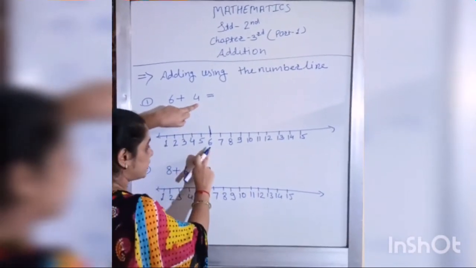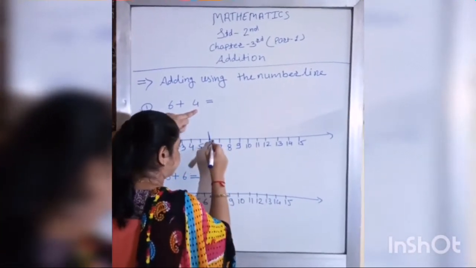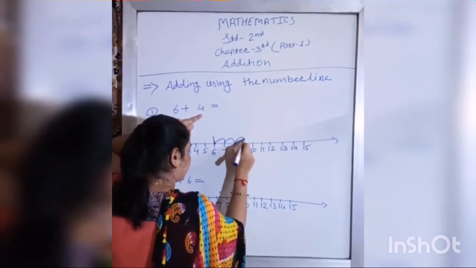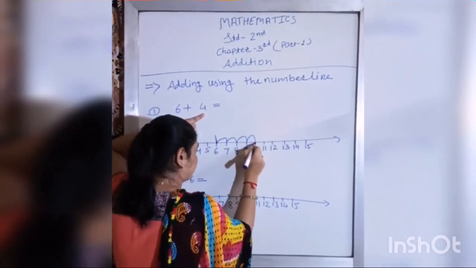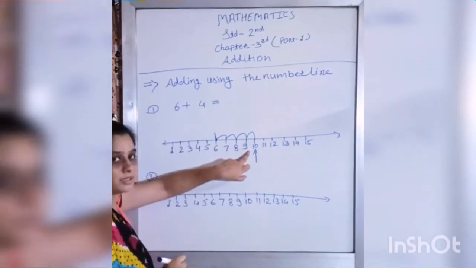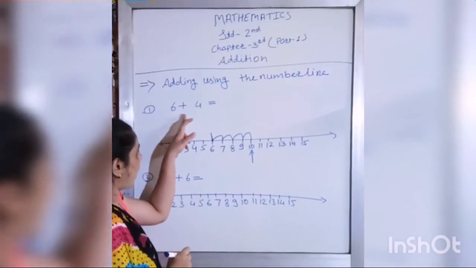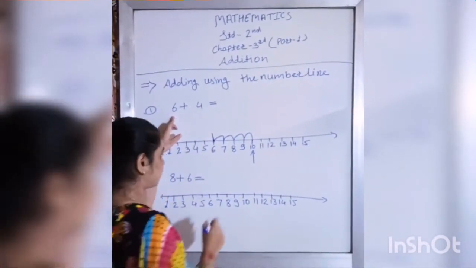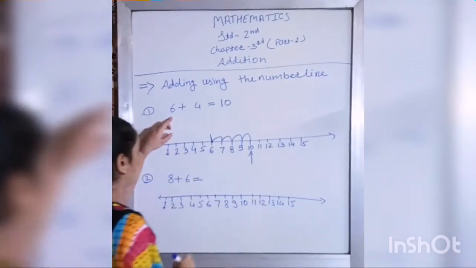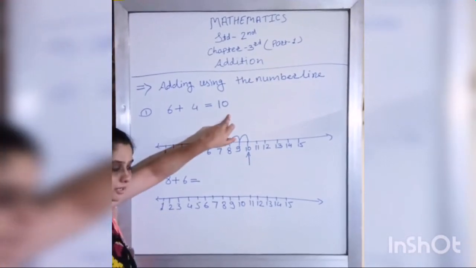So we will jump 4 numbers to the right side. 1, 2, 3, 4. What is the number here? 10. This is our answer. When we add 4 to 6, the answer is 10. The sum of 6 plus 4 is equal to 10.